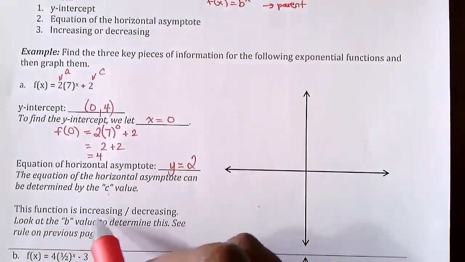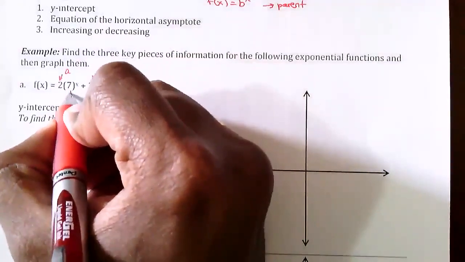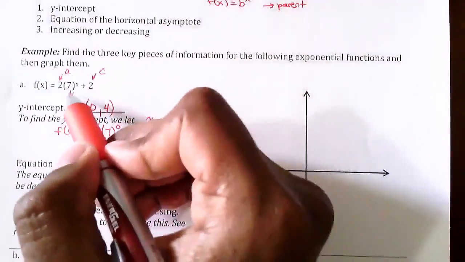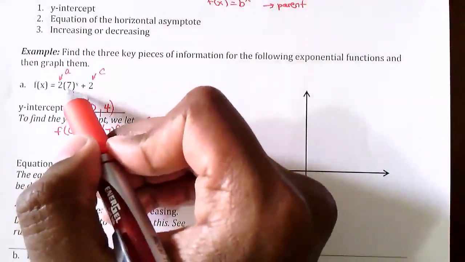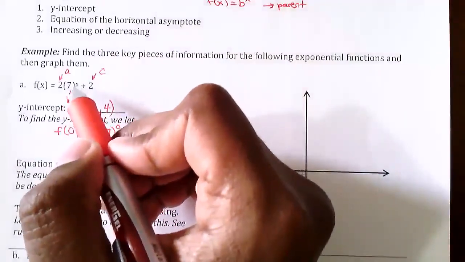Finally, is this function increasing or decreasing? To determine this, we have to look at our b value, and we have to remember the relationship we learned on the previous page. Remember, if the b value was a whole number, the graph will be increasing. If it's a fraction, it will be decreasing.